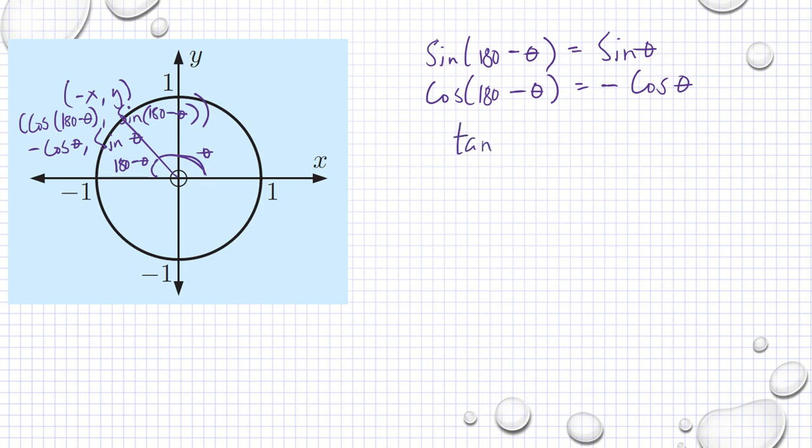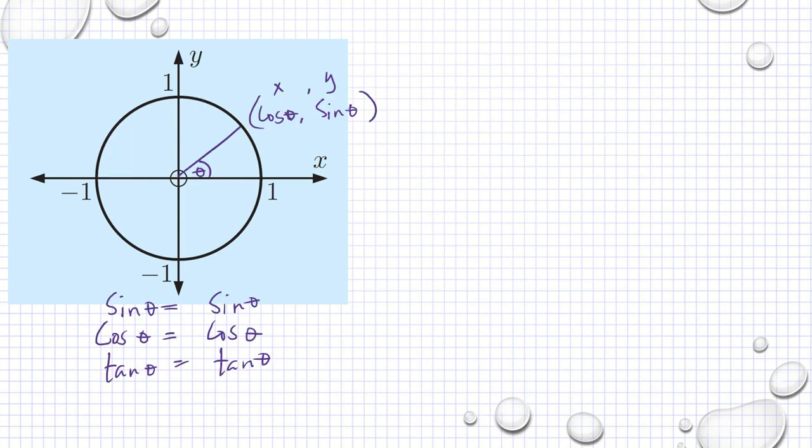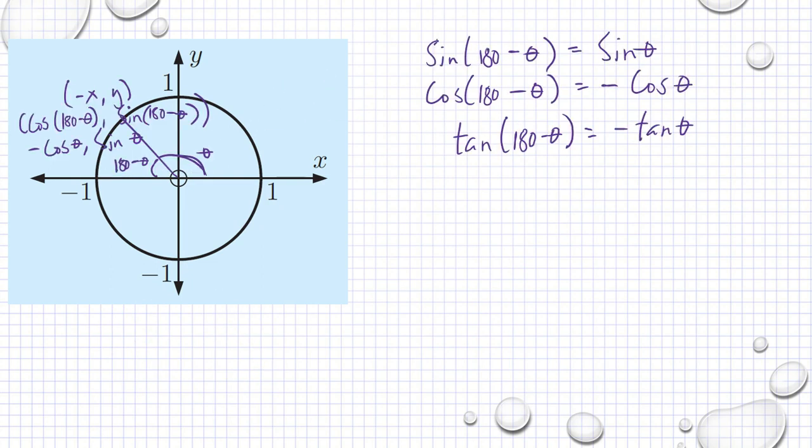Of course, tangent 180 degrees minus theta is equal to negative tangent theta. Also, because the value of this is negative. Okay? So, first quadrant, all is positive. Second quadrant, sine and of course cosecant are positive, but the rest is negative.